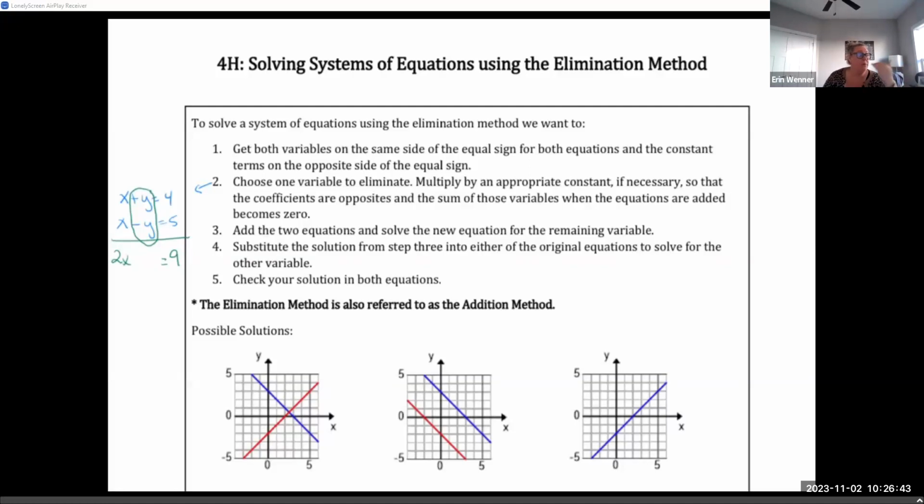From here, we would solve for x by dividing both sides by 2. That gives us a not very nice fraction of 9/2. But you then take that solution, plug it in for x in one of the two equations, and solve for y. So let's deal with nicer numbers because it's really difficult when you have fractions, I know.